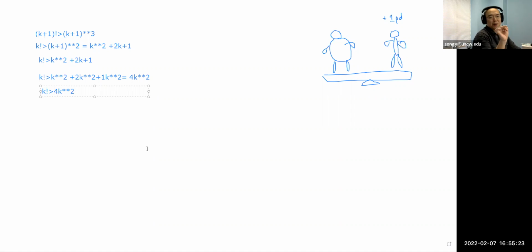We can cancel a k on both sides. So if you cancel this k and this k, this is equivalent to proving (k-1)! is greater than 4k. So are you still with me?